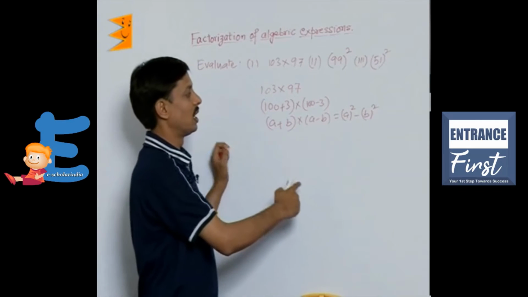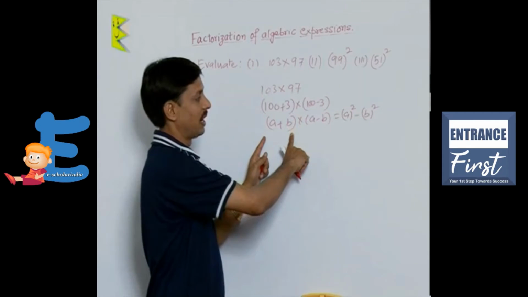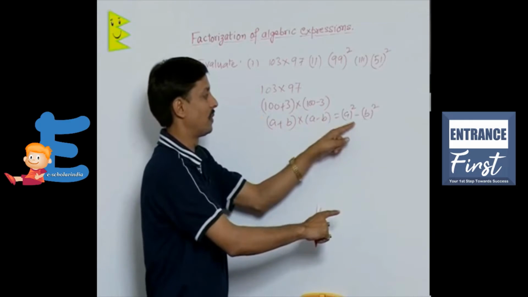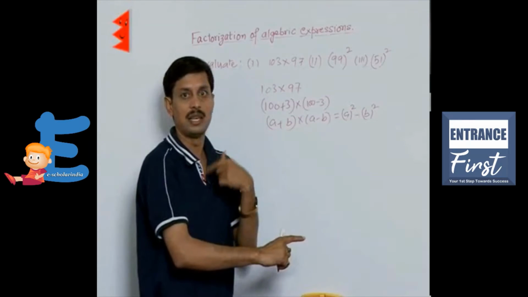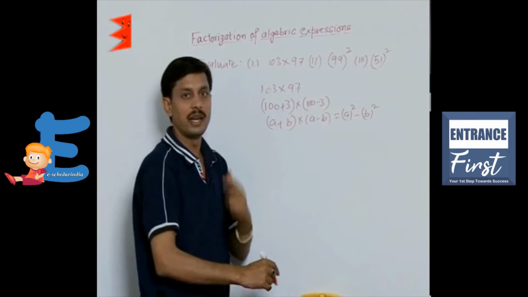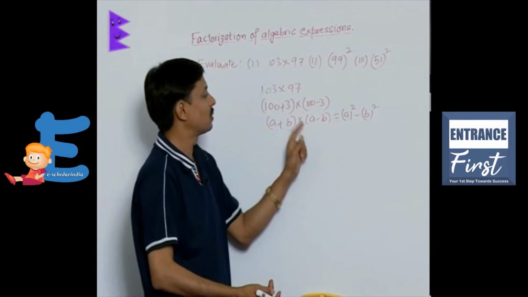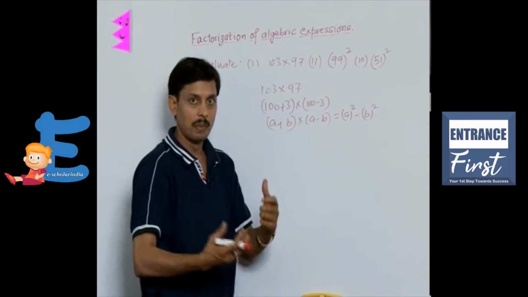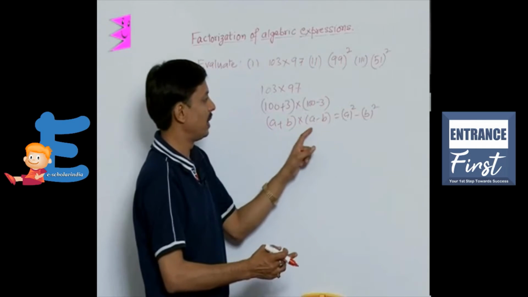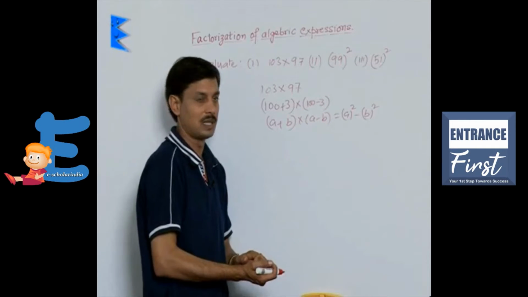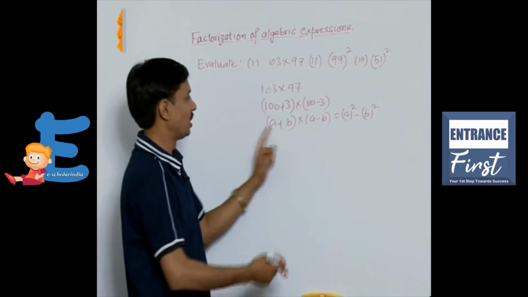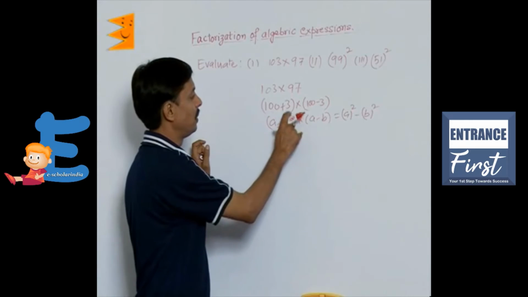Now I am using the left hand side in the right hand side and the right hand side in the left hand side of the identity, as I explained. Basically, the identity we usually state is a² − b² = (a + b)(a − b), but we can also say (a + b)(a − b) = a² − b². Using this relation, a is 100, b is 3.